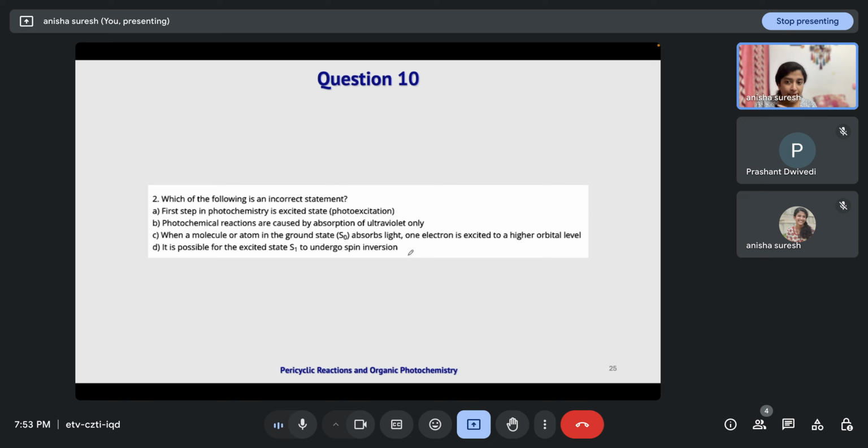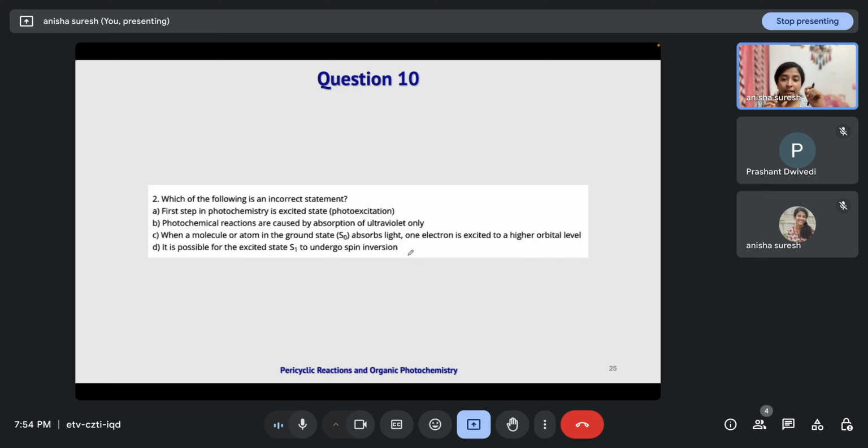Now, coming to the next question: which of the following is an incorrect statement? It is based on the Jablonski diagram. Option A, the first step in photochemistry is the excited state, that is photoexcitation. Option B, photochemical reactions are caused by absorption of ultraviolet light only.